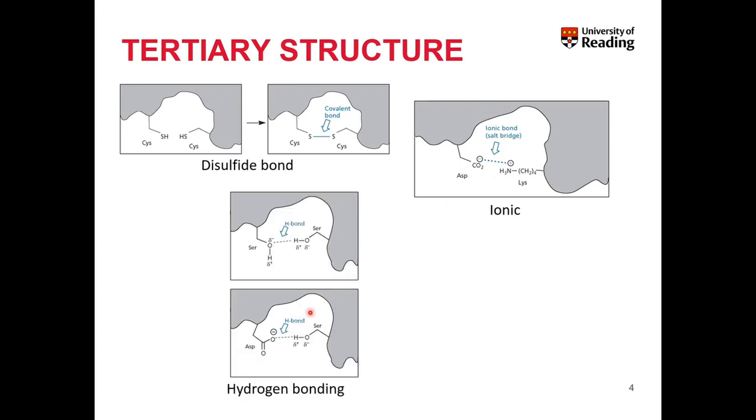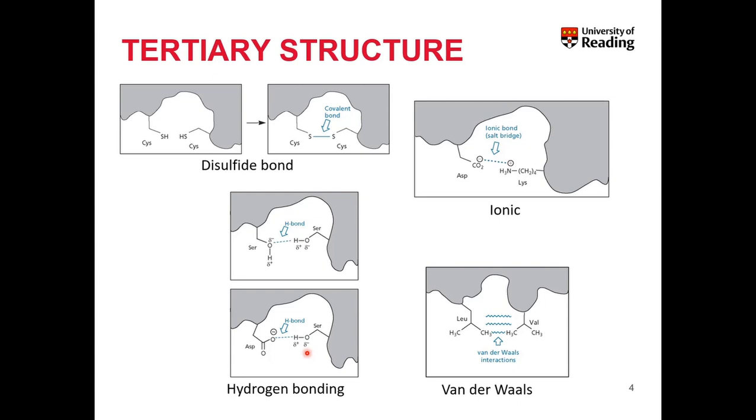Now, we can, of course, also get hydrogen bonding between residues that can act as hydrogen bond donor and acceptor, and again, these contribute to the tertiary structure of the protein. Now, finally, we can also get van der Waals interactions between hydrophobic amino acid side chains, and you can see an example of this here.